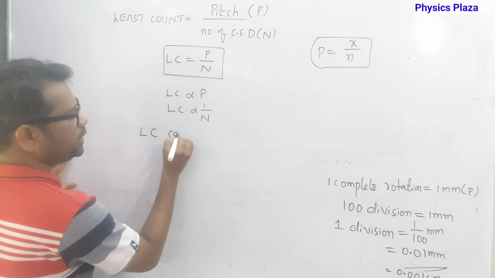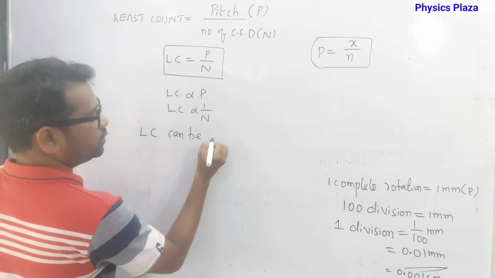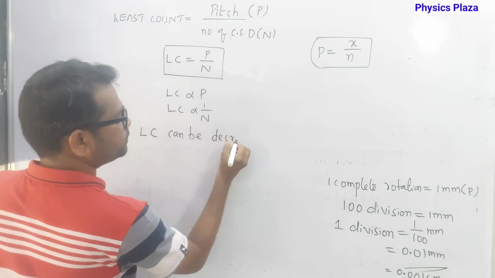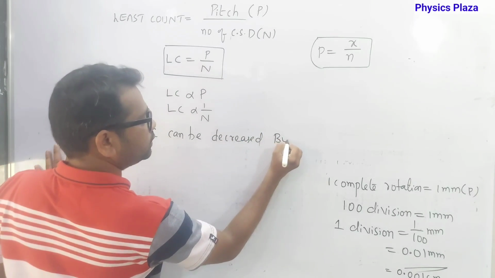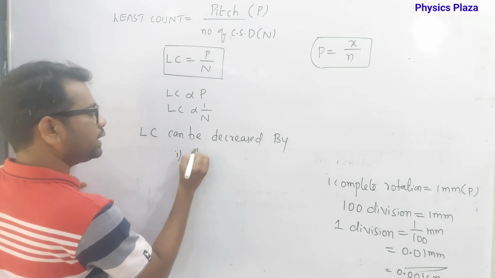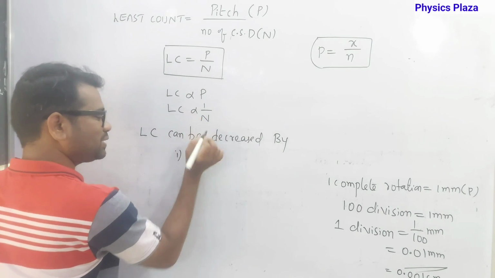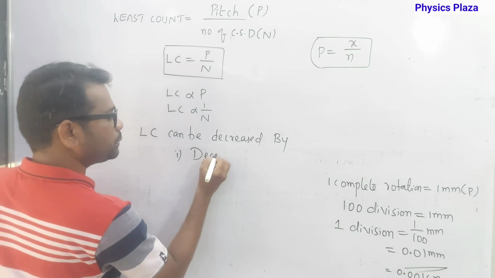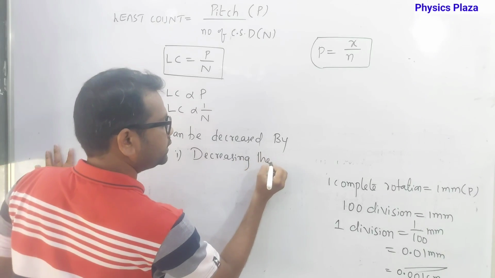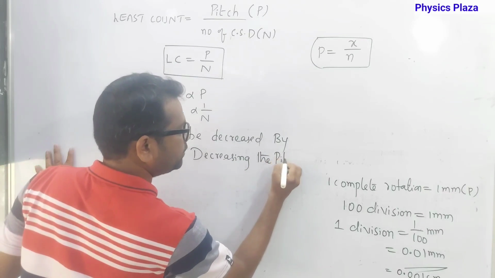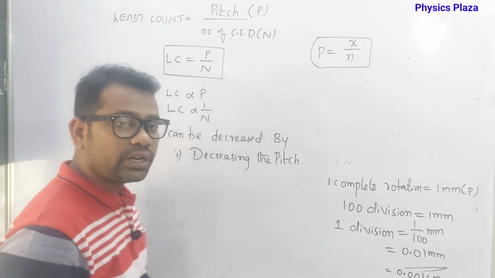Least count can be decreased by decreasing the pitch. How to decrease the pitch, children?